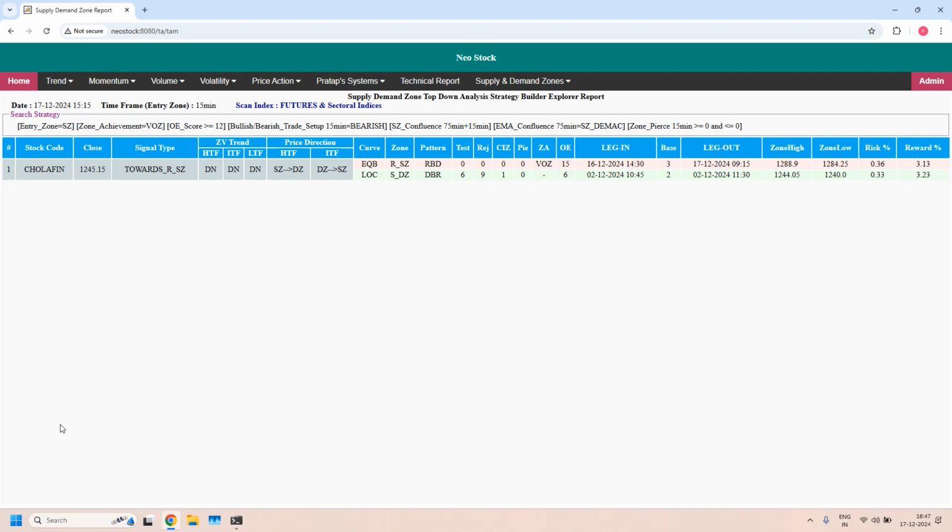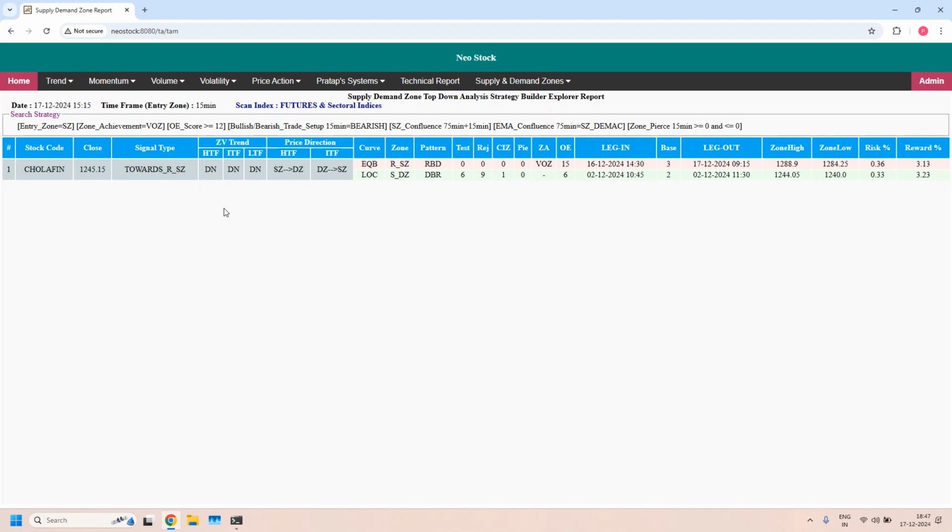With this filter, we got only 1 stock, and this is an even more high probability trade setup supported supply zone, and also it is a high liquidity supply zone, the 15 minutes supply zone, and the HTF trend is also downtrend. This is based on LTF, ITF supply zone confluence, and having daily EMA confluence for that 75 minutes time frame supply zone.